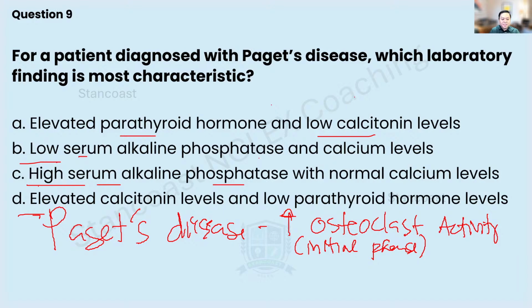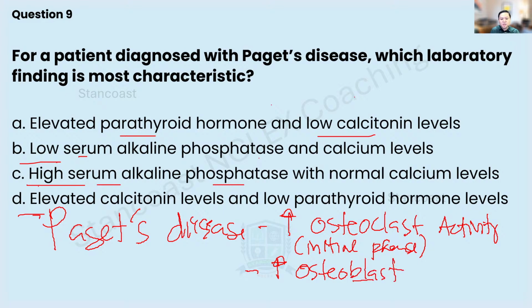Once this causes the calcium ions to escape from the bone matrix into the bloodstream, this is now going to stimulate what we call the osteoblast response. So this will follow the increased osteoclast. Increased osteoblast. Remember about the osteoblast.